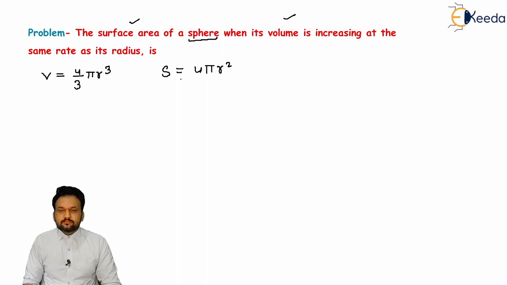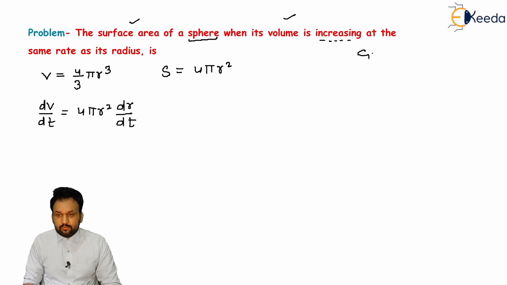Clear? So now what he said: the surface area of a sphere when its volume is increasing at the same rate as its radius. It means volume is increasing, so the rate of change is in volume. So I have to find dV by dt. As you find dV by dt, it will become 4 pi r square into dr by dt. But at this point he has given that volume is increasing at the same rate as its radius.